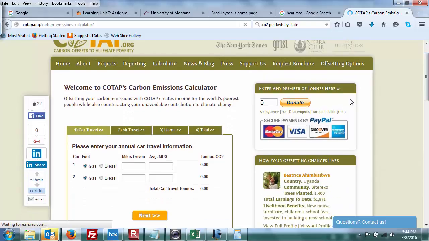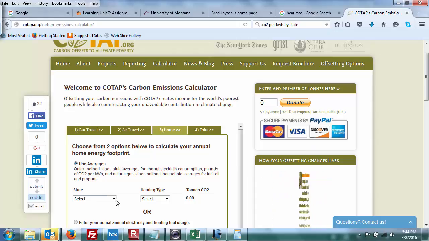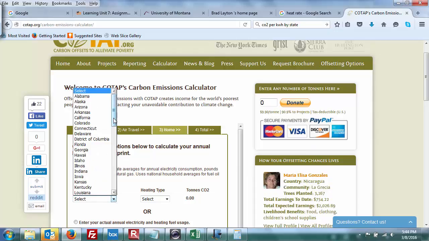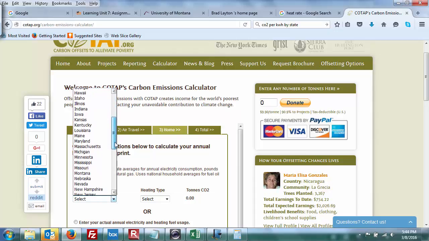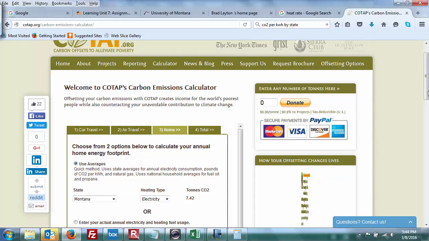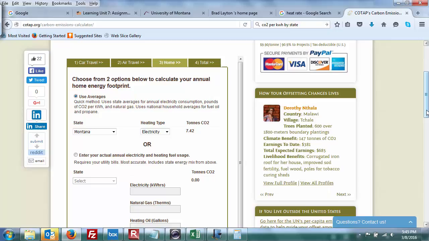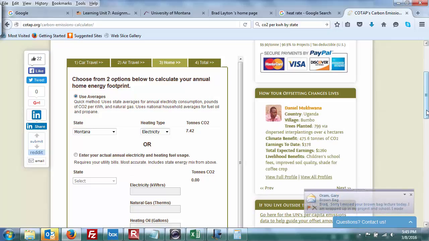Air travel, home, select. Let's do Montana. Heating type, electric. Tons of CO2. Quick method uses state average for annual pounds of CO2 per kilowatt hour.